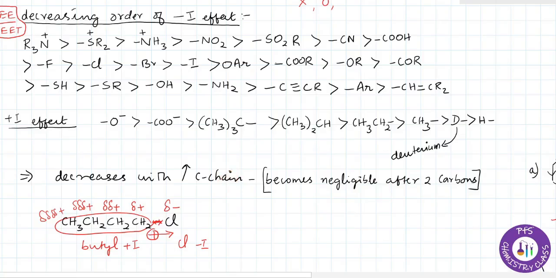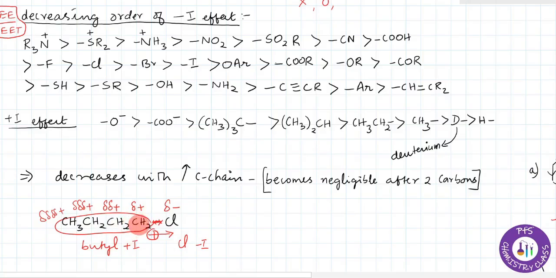What this means is, suppose you take a compound like butyl chloride, carbons 1, 2, 3, 4. As I told you before, the electronegativity difference between carbon and chlorine is the highest when compared to the C-H bond. The whole of organic chemistry will have C-H bonds only.